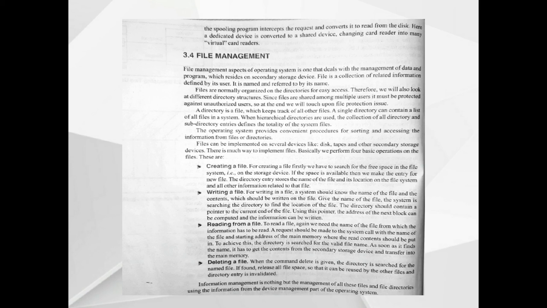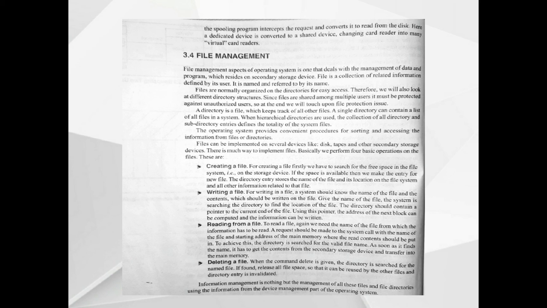In Windows XP or Windows 7, it follows NTFS, or it also supports the FAT file system. So that comes under file management. You can search more on file allocation table file systems on Google.